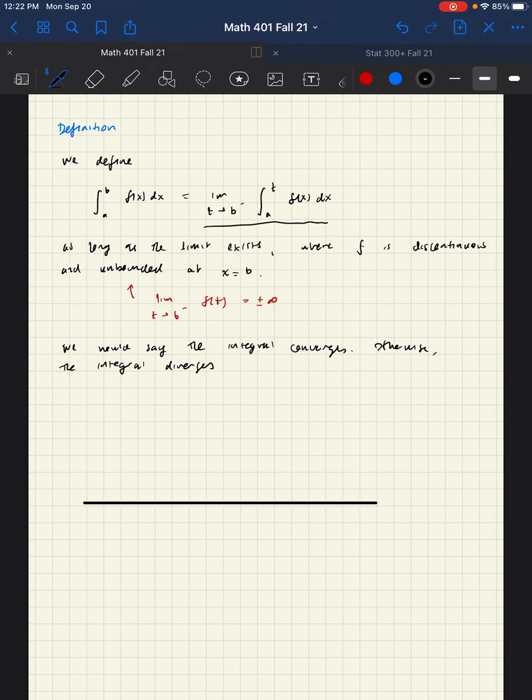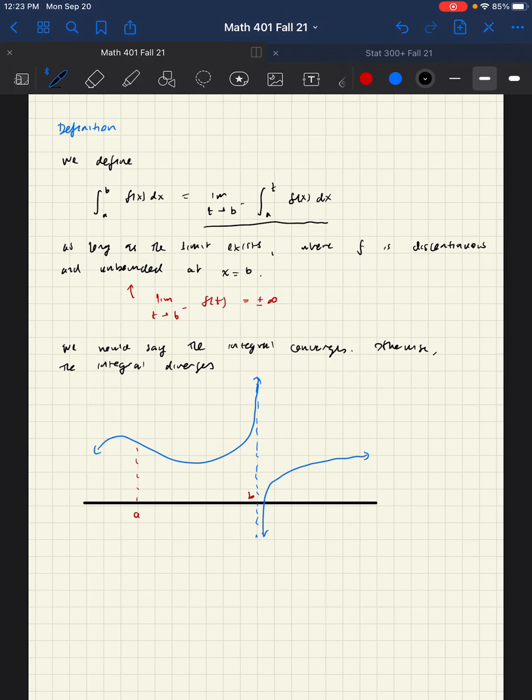So to give you an understanding of how to make sense of this geometrically, I'm going to suppose that this is my function, with an essential discontinuity at some point b.